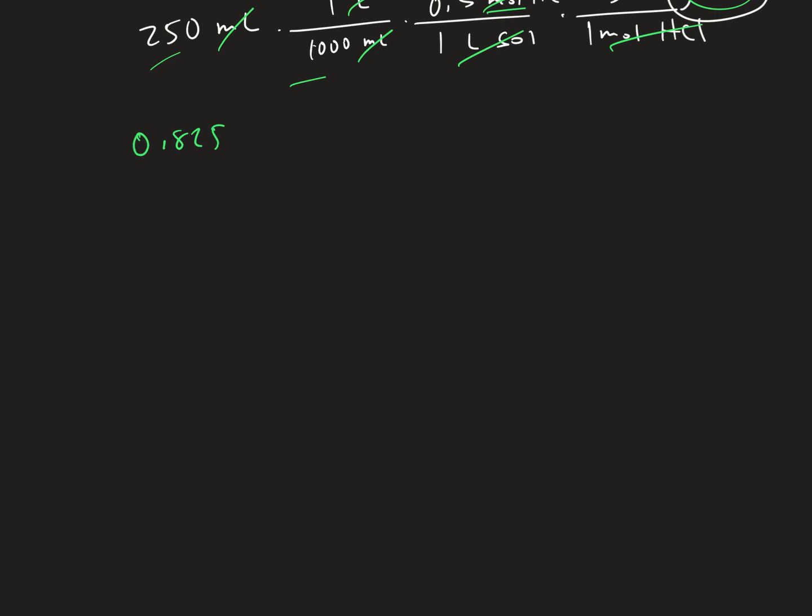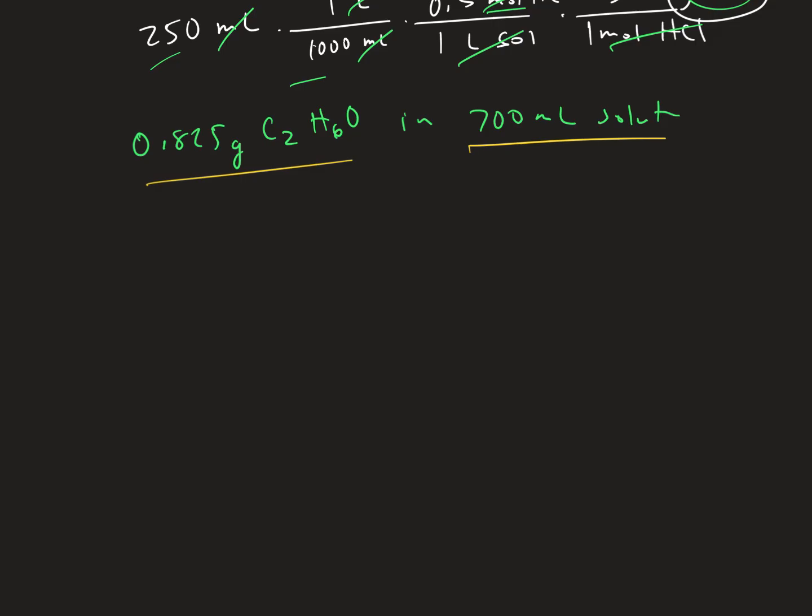So 0.825 grams of C2H6O in 700 milliliter solution. Okay, so this tells us which one the solution is. That means this one over here is the solute. Good?